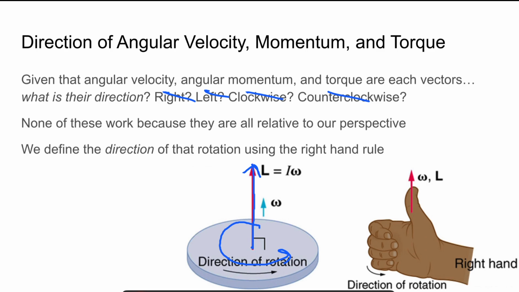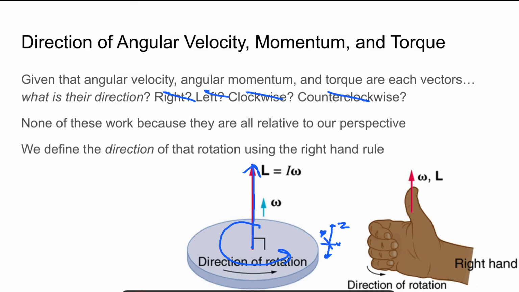Obviously this disk is rotating in, if we call this the X and the Y direction, and then coming out of that would be a Z direction. So it's on the z-axis that we describe any of these rotational vectors.